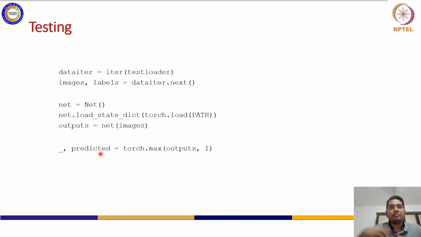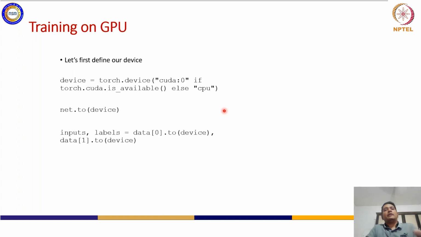And if you want to compare the prediction with the actual truth, which is the labels, then you can do that. You can see whether the prediction is accurate or not, comparing with the labels. So this is a very typical testing environment, very simple to implement in PyTorch.